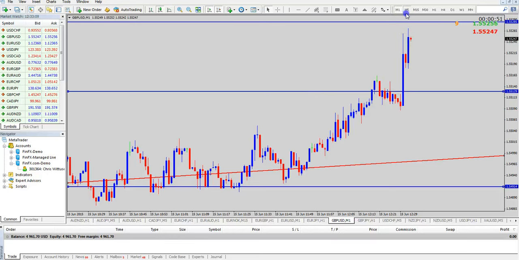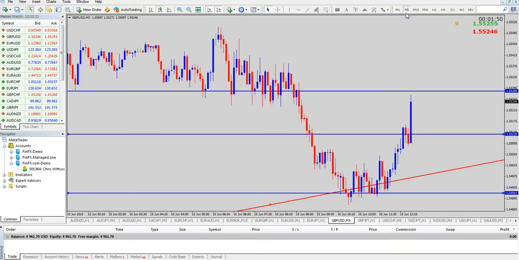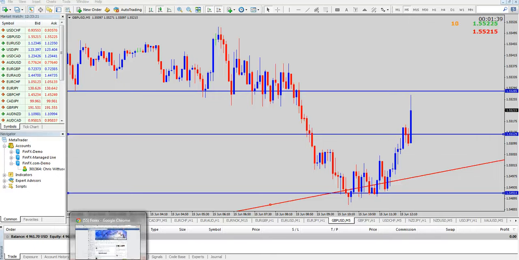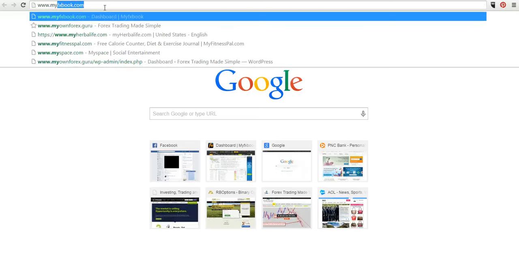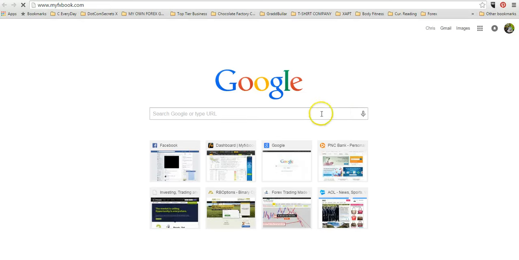So something happened with the euro, actually with the USD, so there must have been some news. Usually what I do when I see something like that is I just go to take a look.